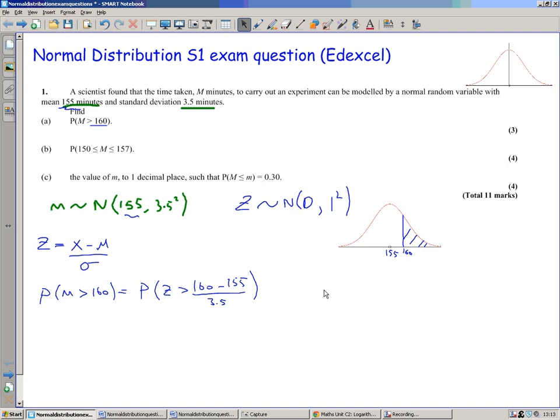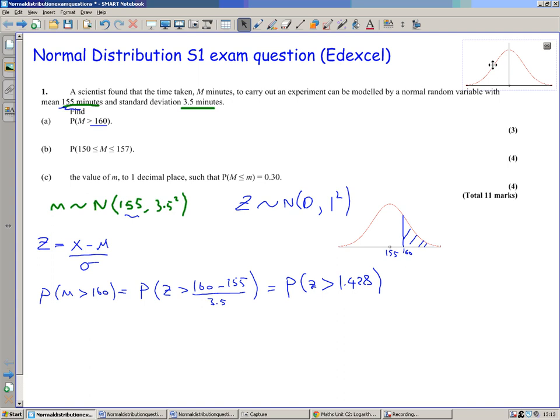That equals some number slightly above 1. Z is greater than 1.428.